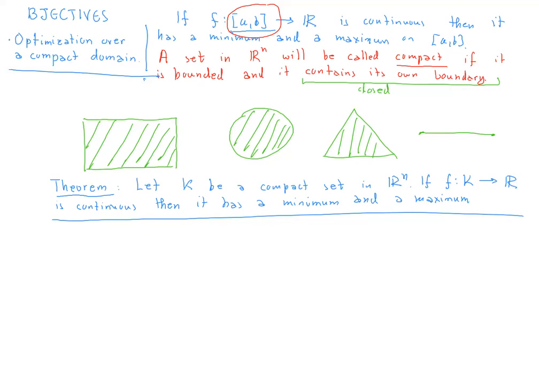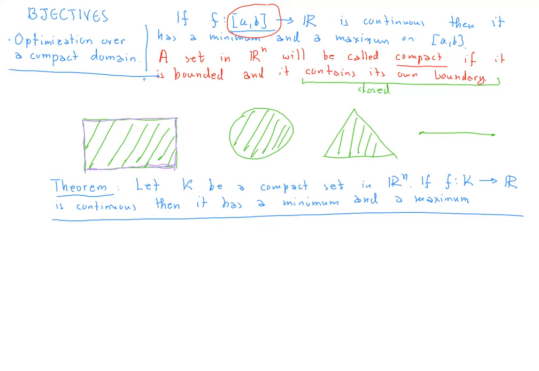So if, let's say, we have a set that looks like this, we could try to study the function individually on the boundary, trying to find points where the minimum and the maximum might occur on the boundary. And then also, so hopefully there will be finitely many.